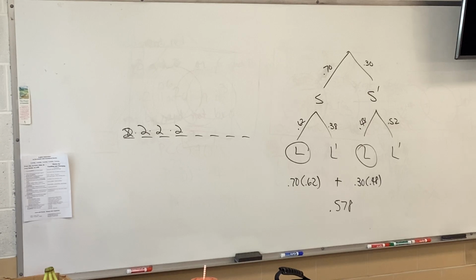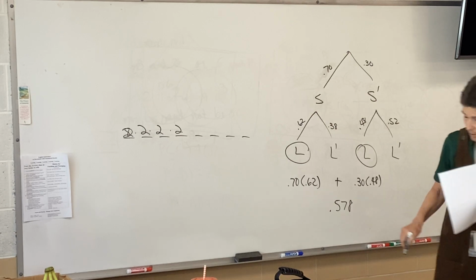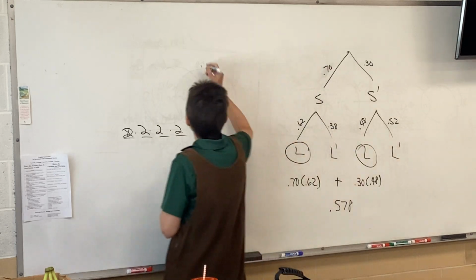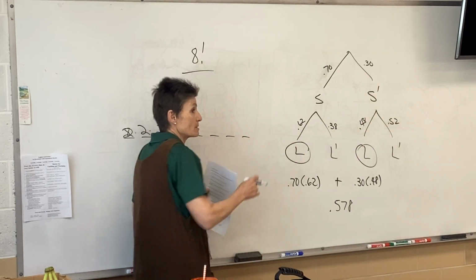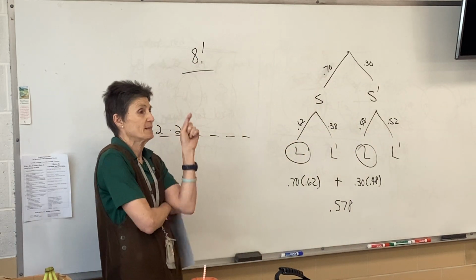All right. How many 8-letter words can be formed from the letters of prettier? Well, aren't there 8 letters in that word? Okay, so start with 8 factorial, because there's 8 letters. I know some of them are duplicates, but it doesn't matter.